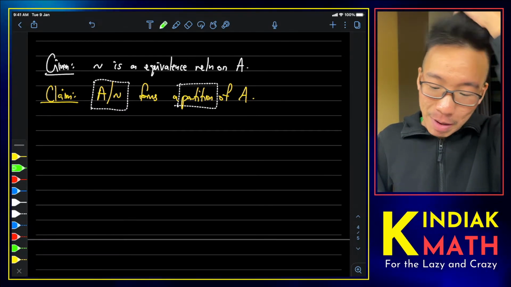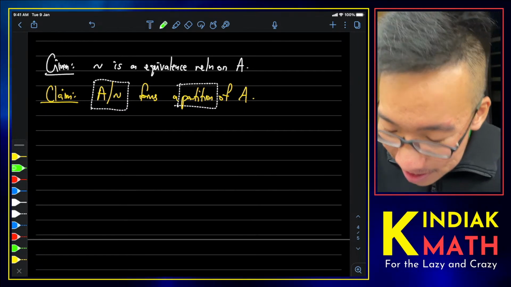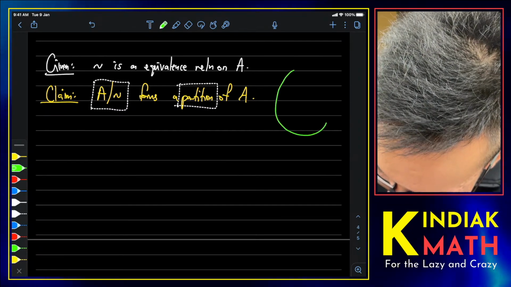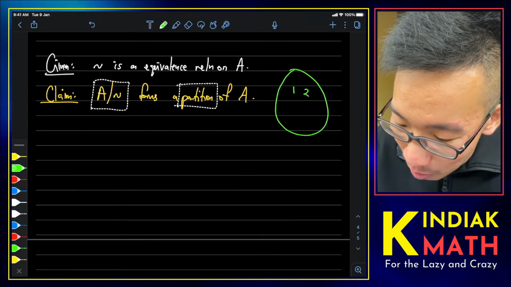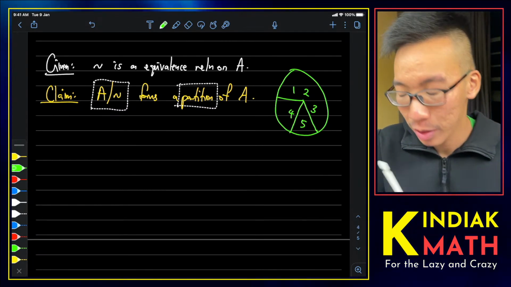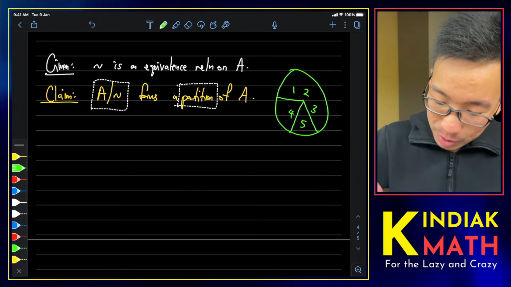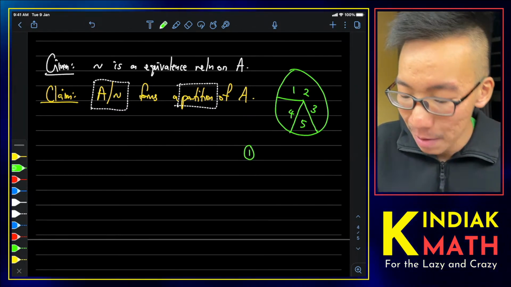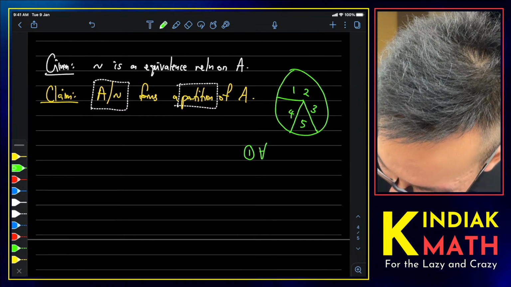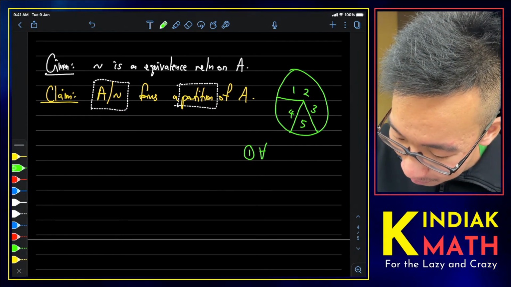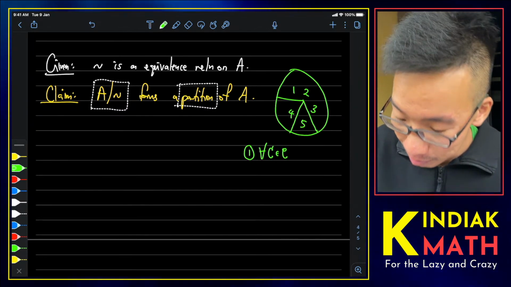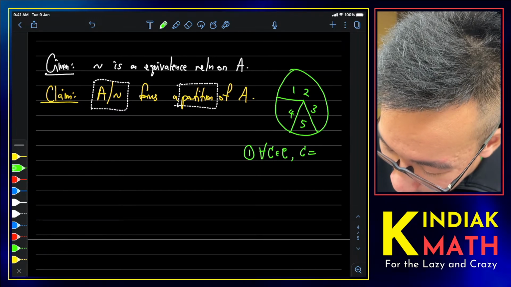In my classes, as some of you are aware, I've recently used the pizza analogy. Here's a pizza, and suppose you have the items 1, 2, 3, 4, and 5 like this, and you cut up the pizza in this form. What do you notice about the pizza? The first property is that no matter which pizza slice C you pick, the pizza slice is non-empty.